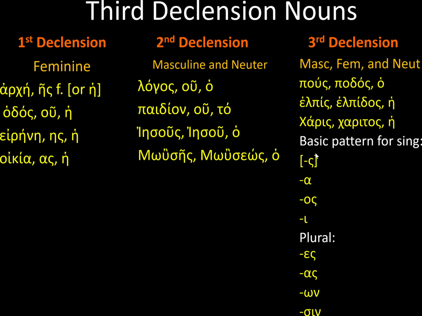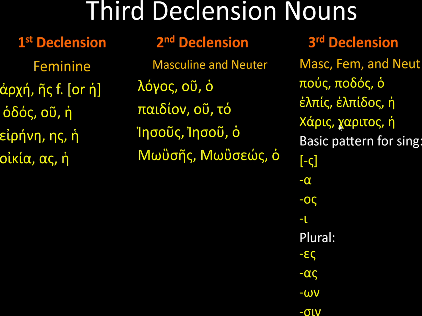So it is not so consistent, and therefore he puts it in brackets, but it is helpful to know. Notice all of these words end in sigma: pous, elpis, the word for hope, charis, the word for grace. They all end in sigma. So sigma is very common, especially with masculine and feminine third declension nouns.